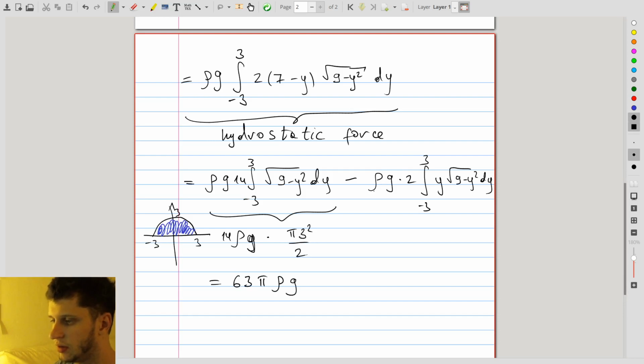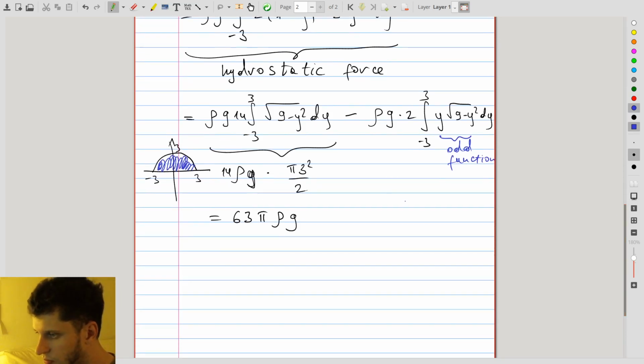Now for the second integral, again, I could use the u sub to evaluate it. That's perfectly valid. Now I can take a shortcut here as well by observing that this function is odd. So the function inside the integral is odd in the following sense. Again, a reminder, an odd function looks like so. It is something that looks symmetric with respect to the origin.